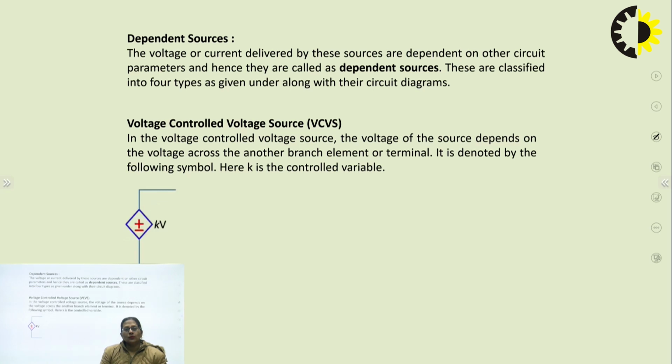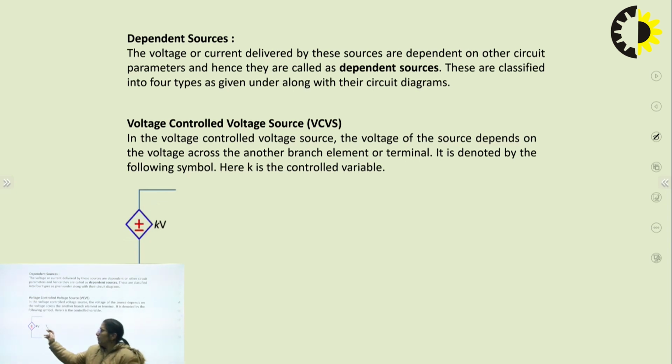So the very first one is VCVS, that is, voltage controlled voltage source. In this voltage controlled voltage source, the voltage of the source depends upon the voltage across another branch element or terminal, and it is denoted by the following symbol.